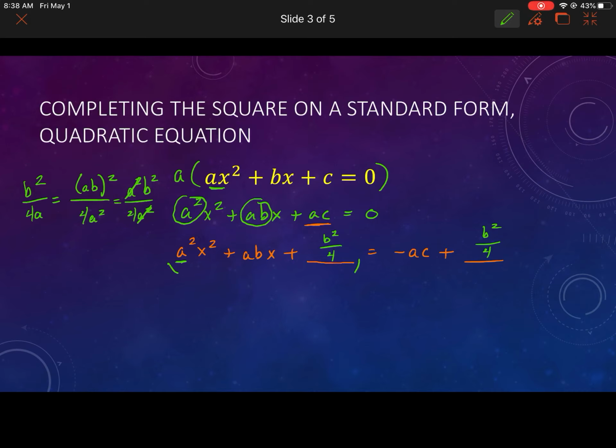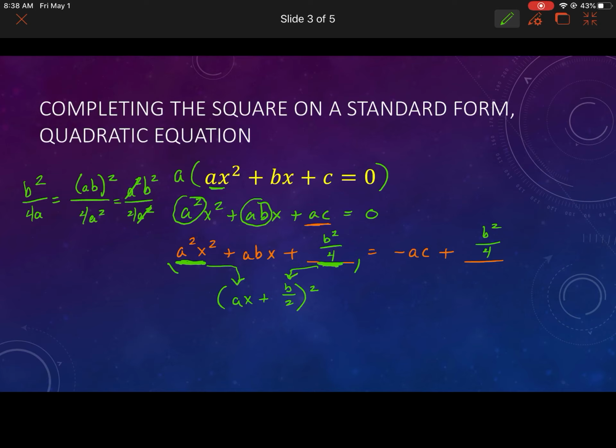I know it doesn't look like it, but if you look at your first term, you have a perfect square. And if you look at your third term, you have a perfect square. So this is going to factor down to ax plus b over 2 squared. Remember, we take the square root of the first term and the square root of the third term.